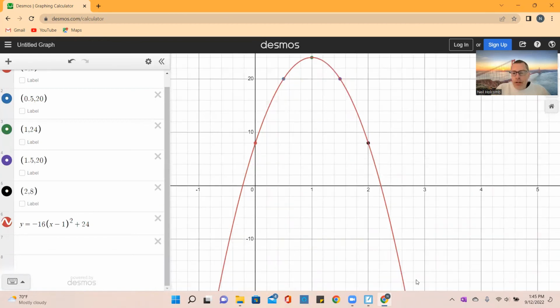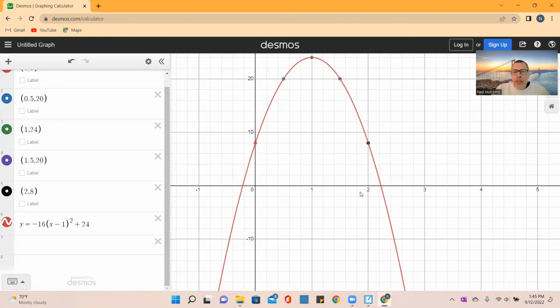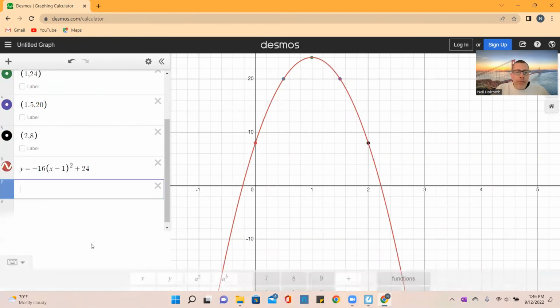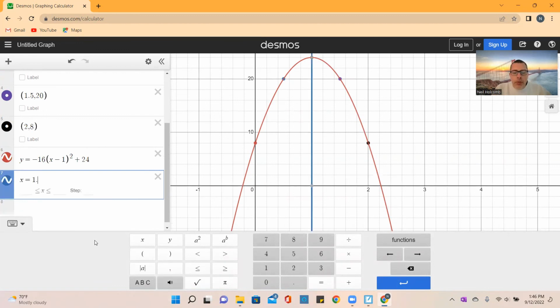Now, what the question also asked was, what's the approximate y value if x is 1.75? So I can go back to Desmos here and I can say, well, if I drew a vertical line, x equals 1.75.